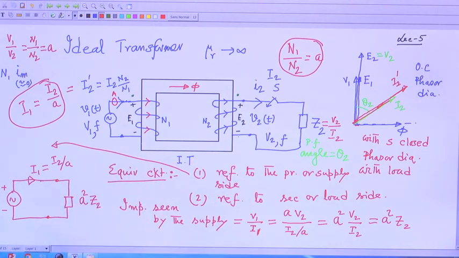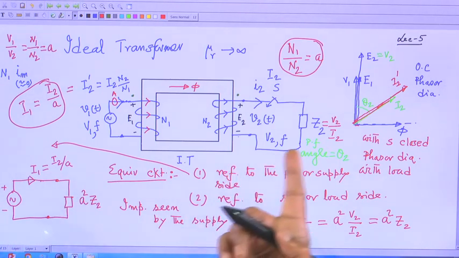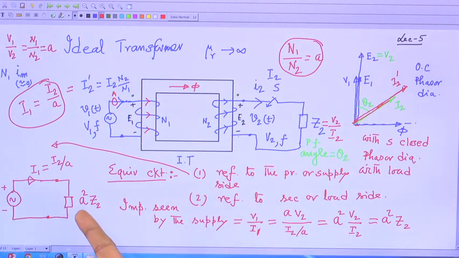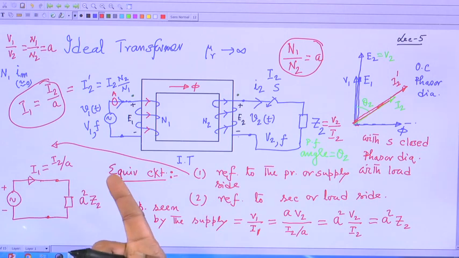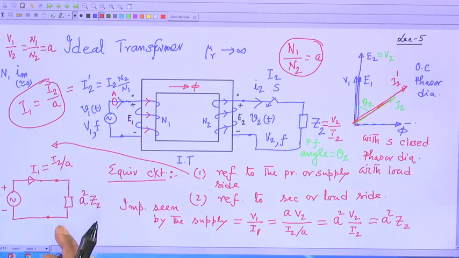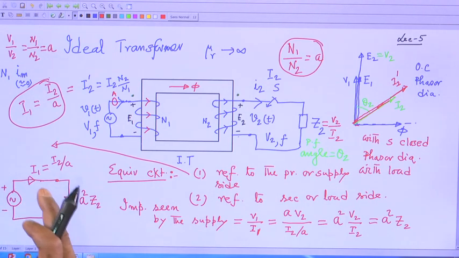What is that? Draw the equivalent circuit referred to primary. If there is Z2, any impedance on the secondary side, multiply it with A square. What is A? A is N1 by N2, the turns ratio, and then solve this simple circuit V1 by A square Z2, you will get I1.